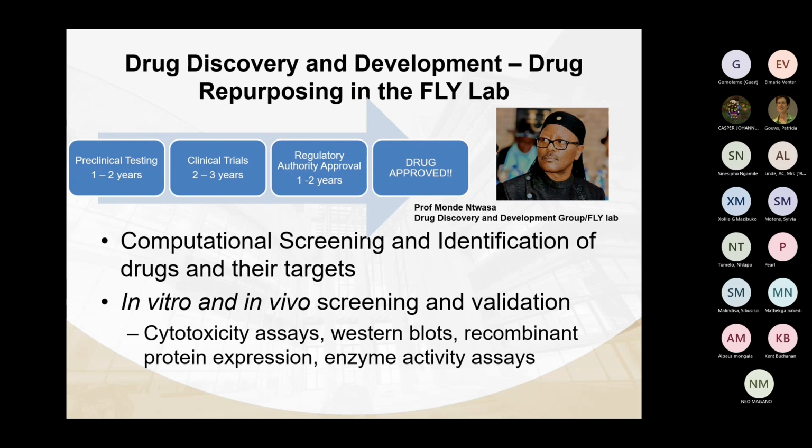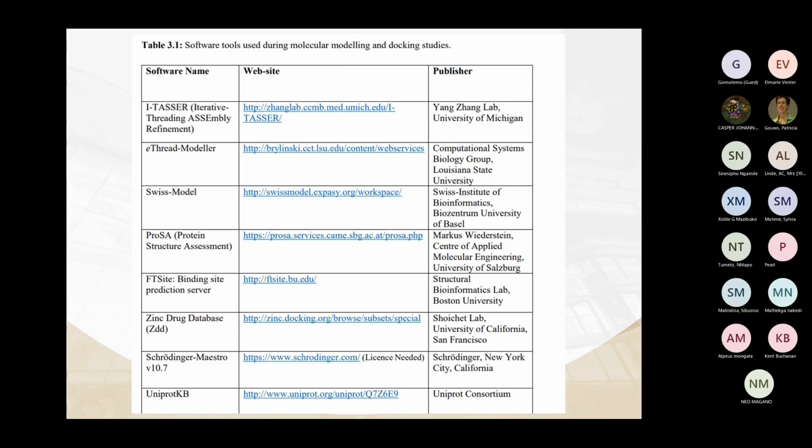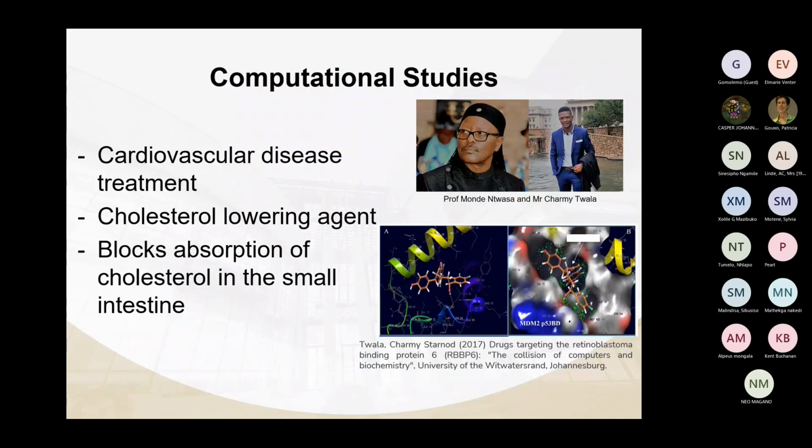So that's on your laptop or PC, where we screen for various compounds and see if they can have anti-cancer activity. And we use this software that I'm showing you now to also model these types of studies. So what we have found is that there is a drug that is currently used as a cholesterol lowering agent.